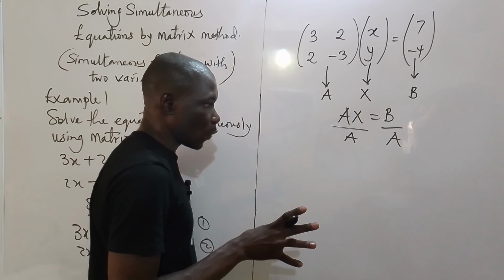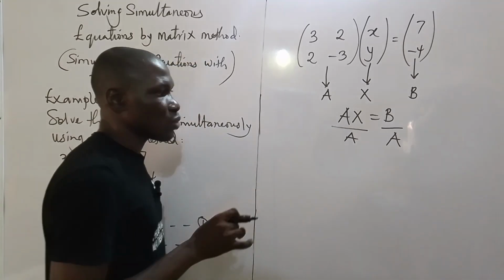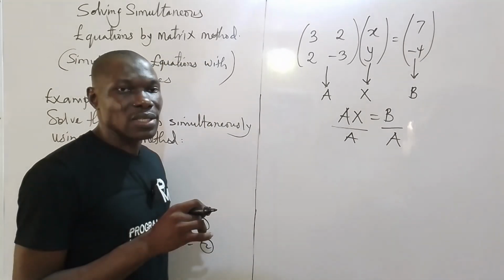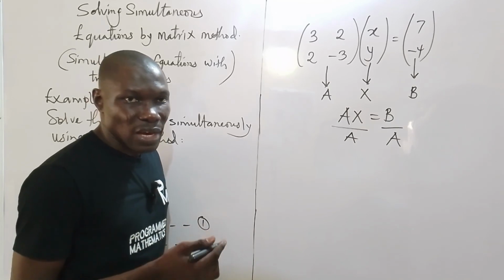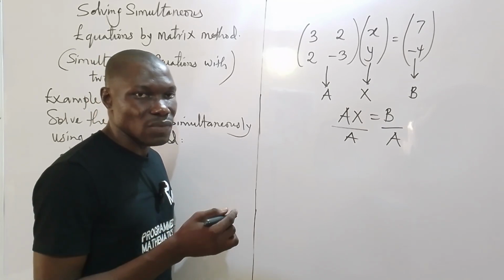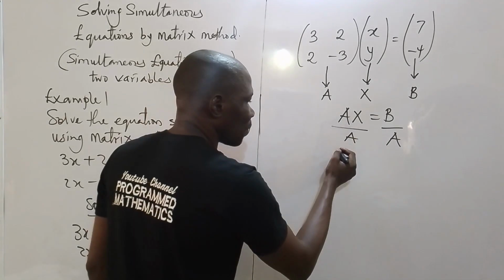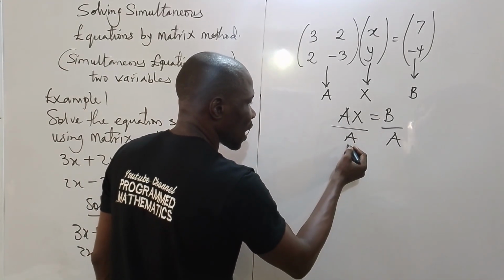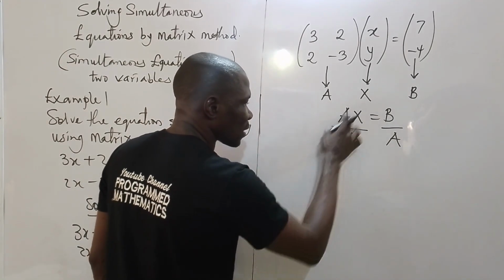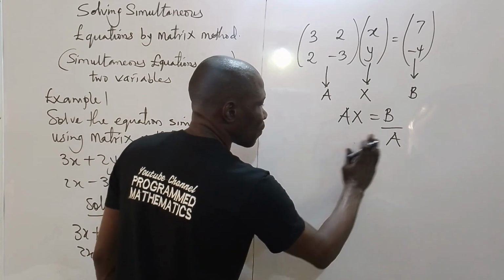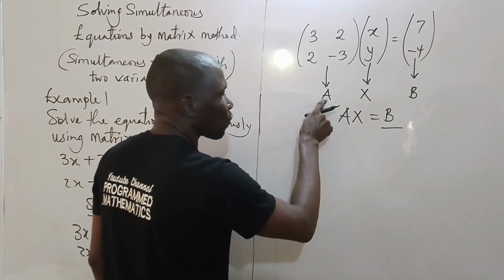But in the case of a matrix, we do not divide by a matrix. Rather, we multiply by the inverse of the matrix. So in this case, we are going to multiply both sides by the inverse of A.